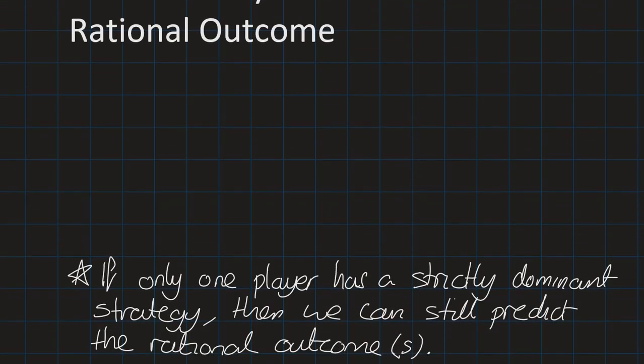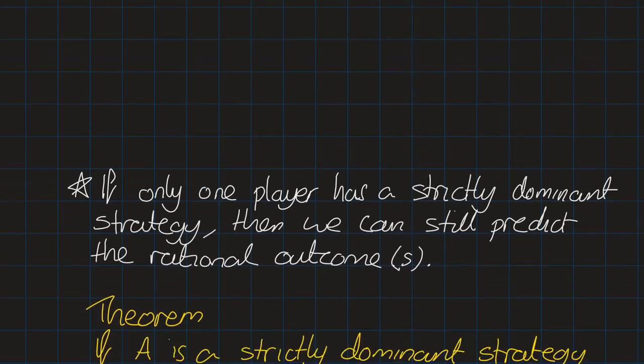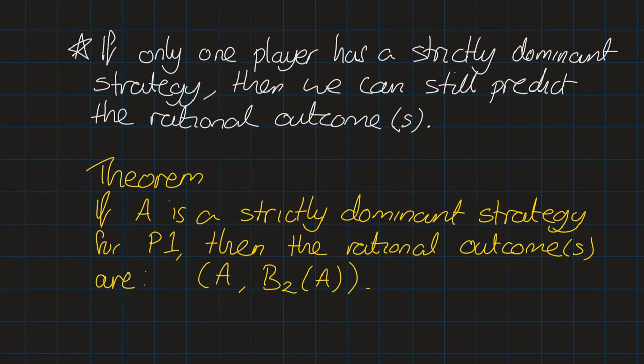So let's begin. What I said was, if only one player has a strictly dominant strategy, then we can still predict the rational outcomes. And it works like this. Here's a theorem which will help.